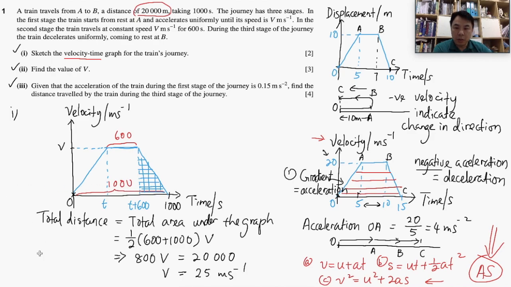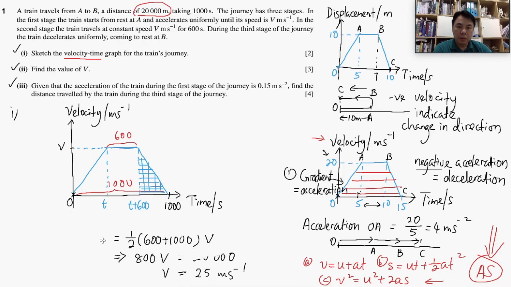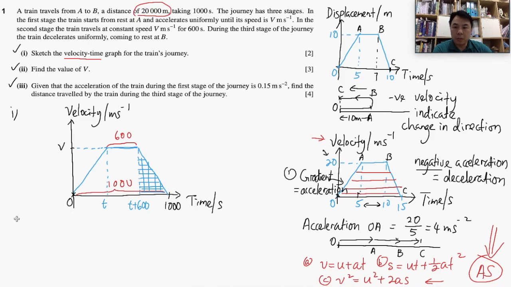Now I'm going to erase any information that's not required. Okay, let's work out number 3. We are given that the acceleration for the first stage is 0.15 meters per second squared.